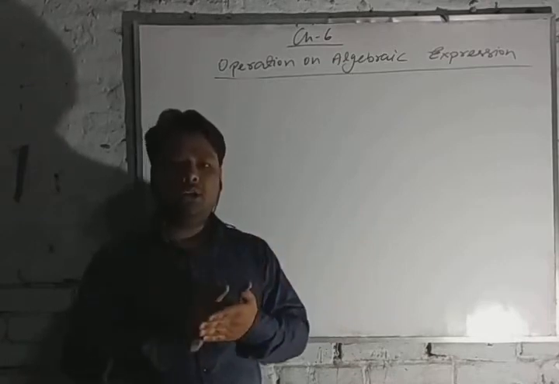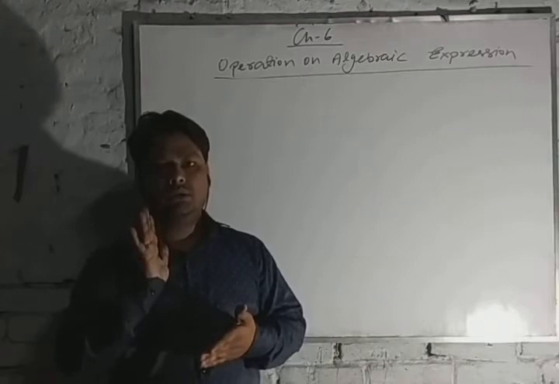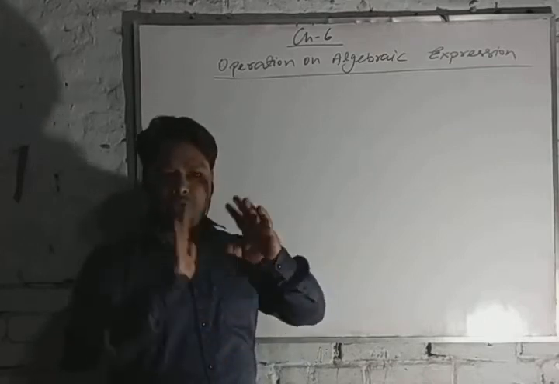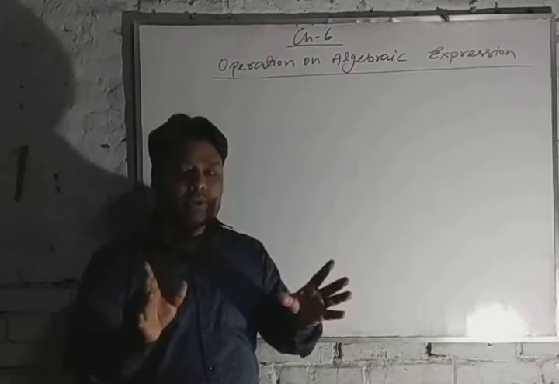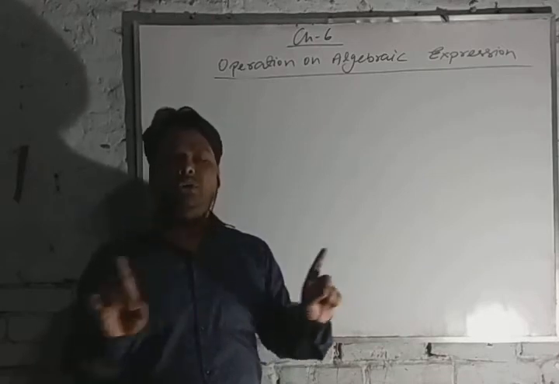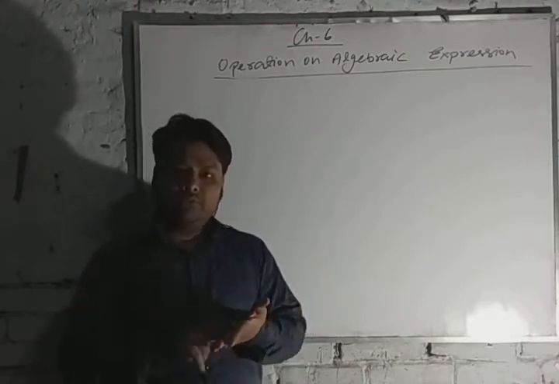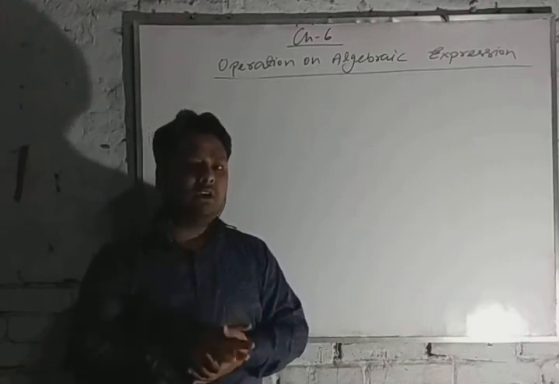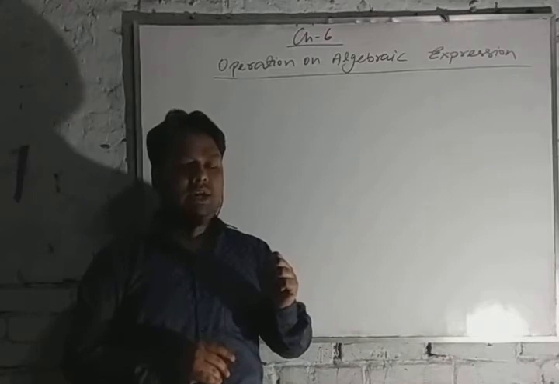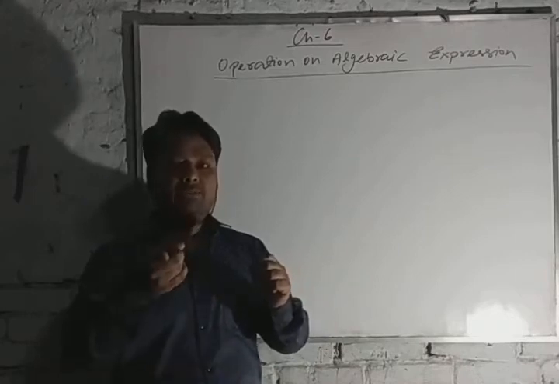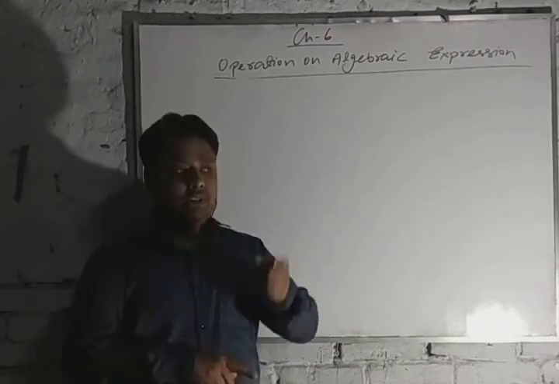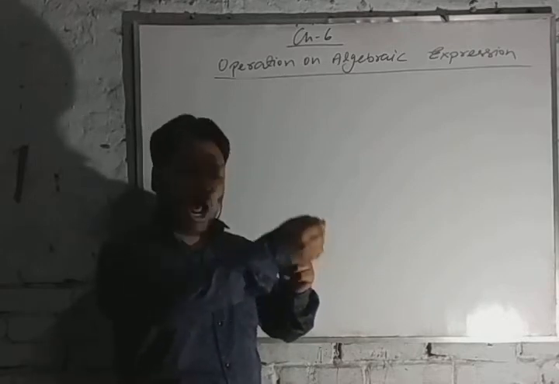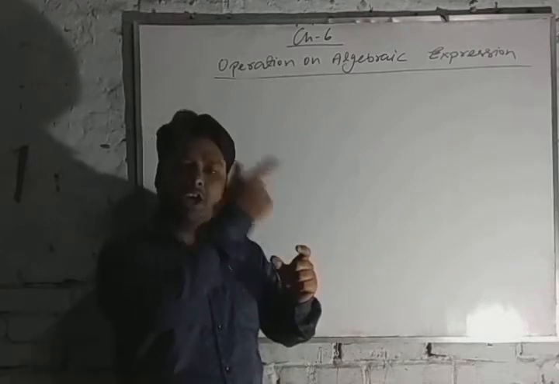What is the use of plus and minus? In addition, if you have to add any two expressions, addition means no change of sign. If there is a subtraction, it means we will change the sign of that expression if the minus sign is just before or outside of the expression.